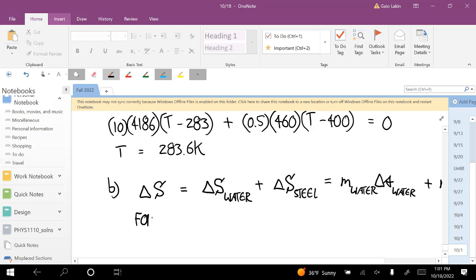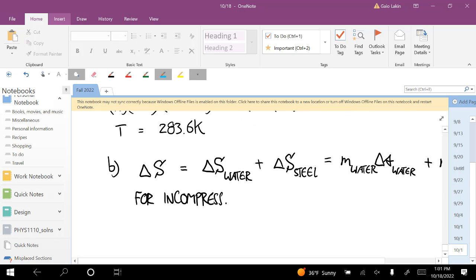For an incompressible material, the change in specific entropy is equal to C times the natural log of T2 over T1.